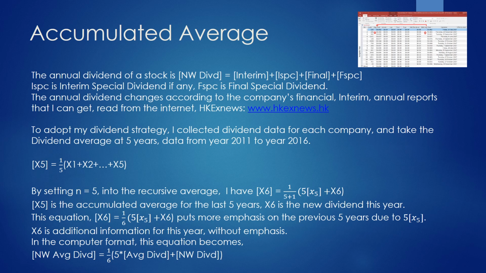In the computer format, this equation becomes new average dividend equal to 1/6 of 5 times average dividend plus new dividend.